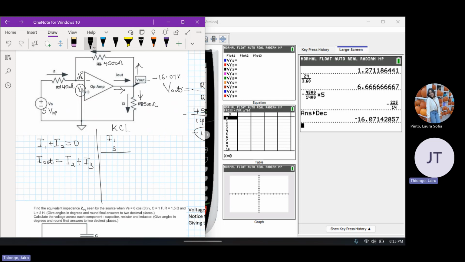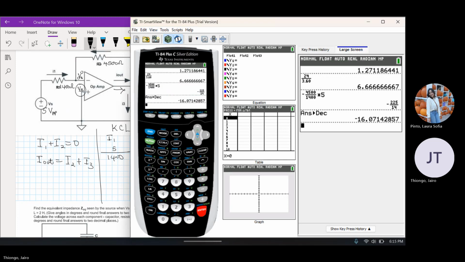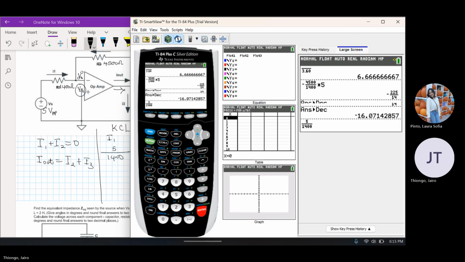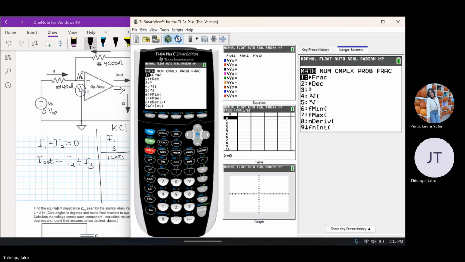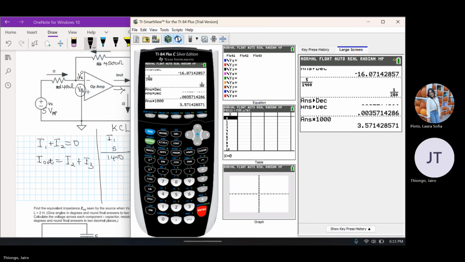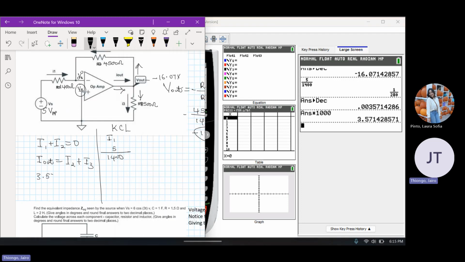Vs, which is 5 over 1,400, multiplied by 1,000, would be 3.57 milliamps.